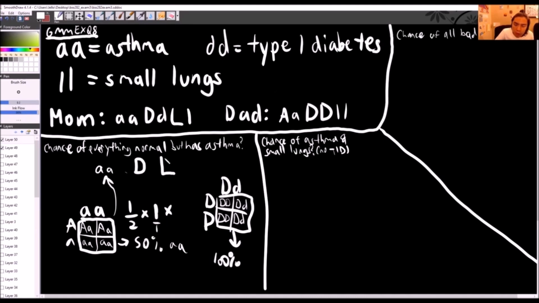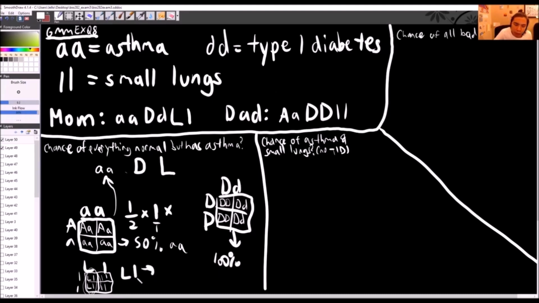And now lastly, the lungs. Let's cross them. So we have the mom, let's put her on top, LL, and then we have little l, big L, little l, big L, little l, little l, little l, little l, little l. Looking at this, we see that 50% will give us the dominant phenotype, which means that while you're still a carrier, the phenotype you actually express is that you do not have small lungs.